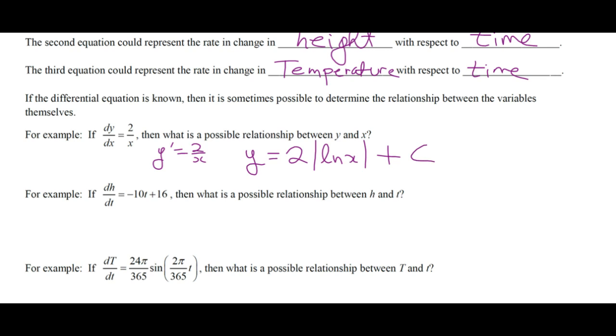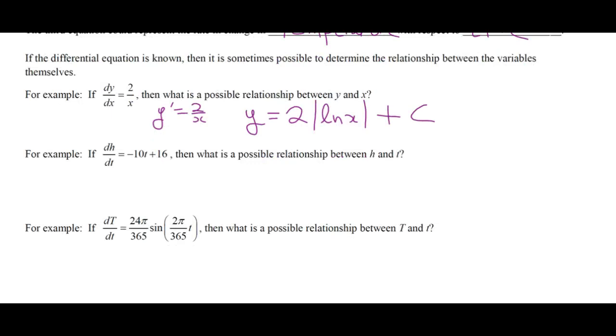If dh/dt is negative 10t plus 16, then what's a possible relationship between h and t? The absolute value bars around the x, right, thank you. So what's h?